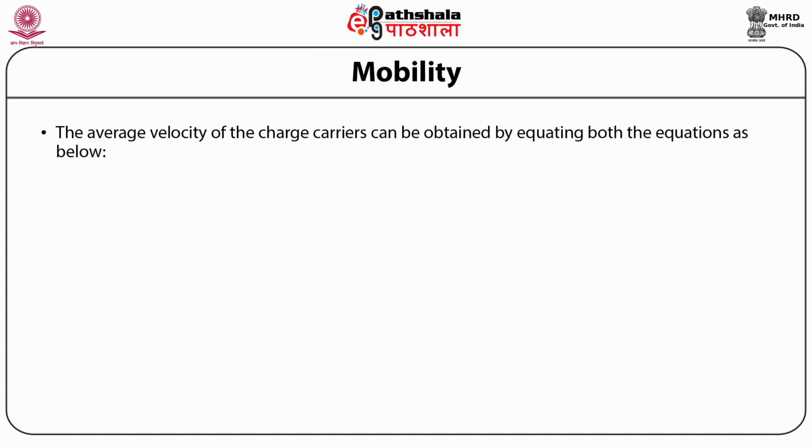The average velocity of the charge carrier can be obtained by equating both the equations. So qE vector equals m into dv vector divided by dt plus m into v vector divided by tau.